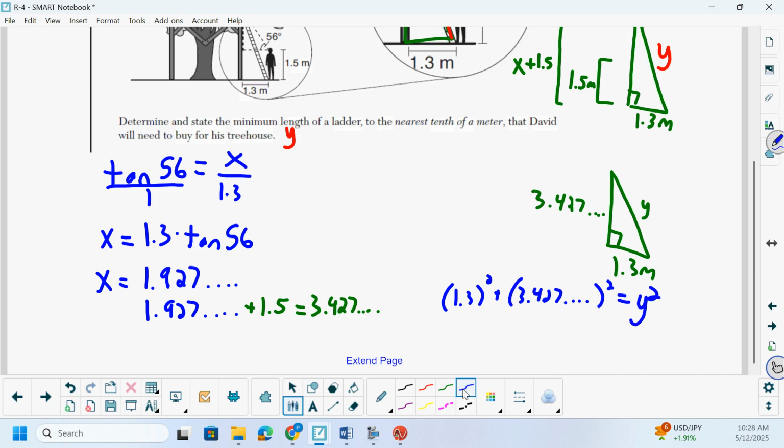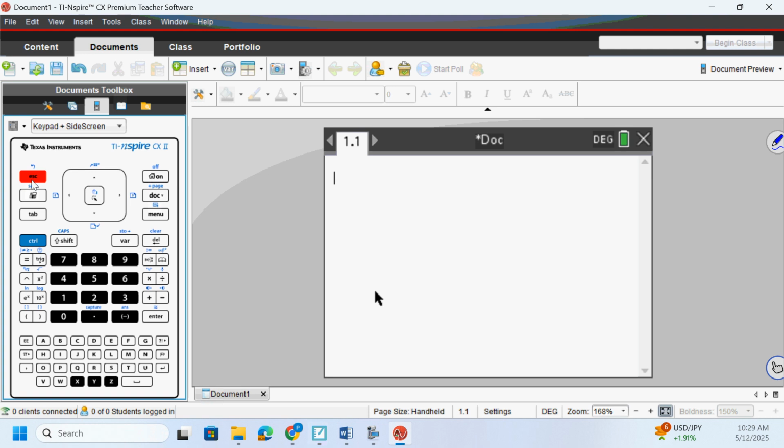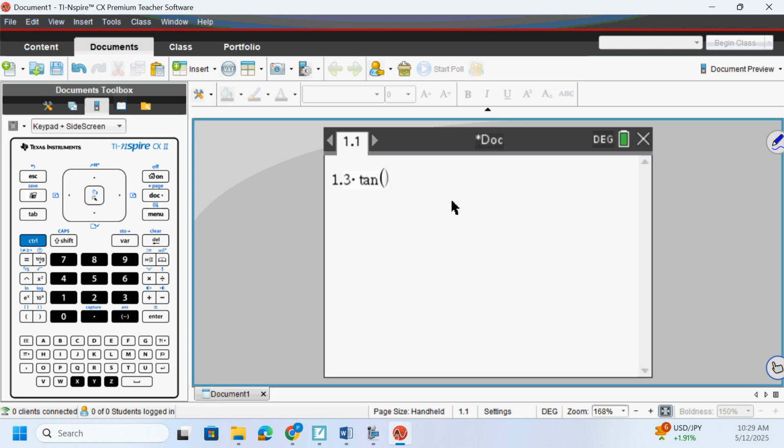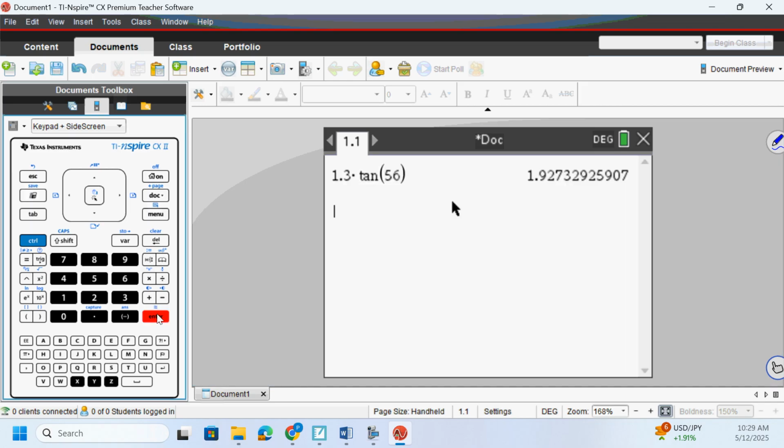Now we want to make sure we carry down the entire thing. So let me just get that on my calculator page. So we had the 1.3 times tan of 56, and then we added the 1.5 to that.